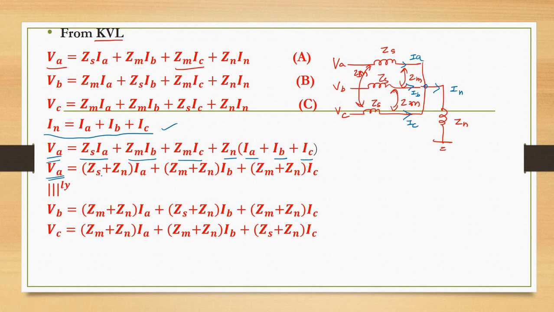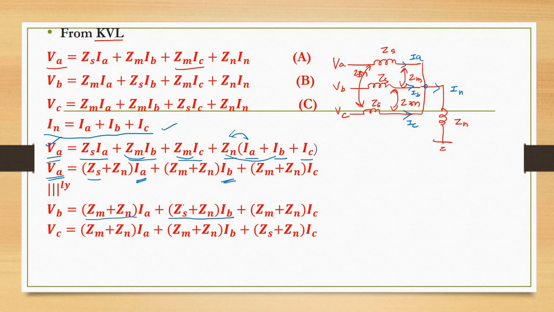So what is Va? Zs plus Zn, the common current is Ia. Then Zm plus Zn, the current is Ib. Then the third one, Zm plus Zn into Ic. So these are about the voltage Va. Similarly, what about Vb? Vb is Zm plus Zn into Ia.